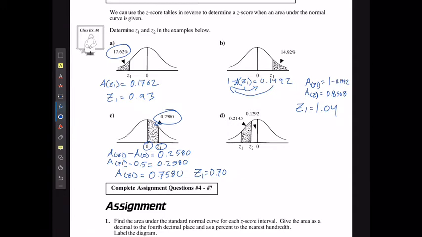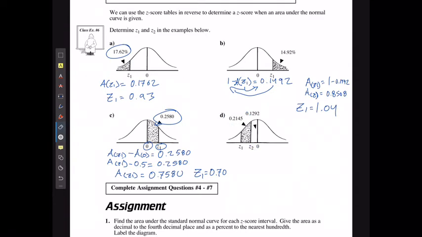For the last one, I can figure out what the area is going to be, or what the z-scores are, based on the information that I have here. I'm going to solve for Z2 first.